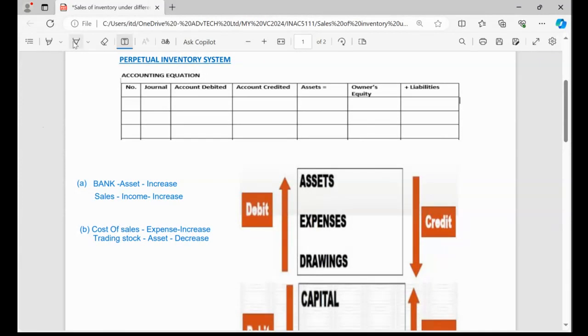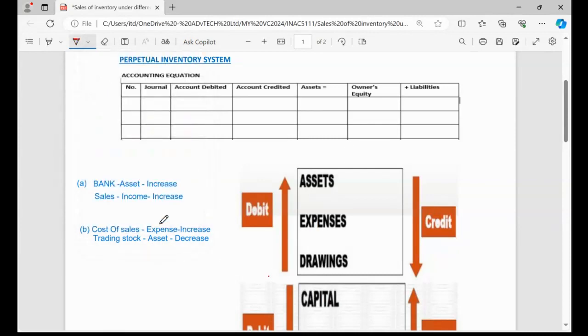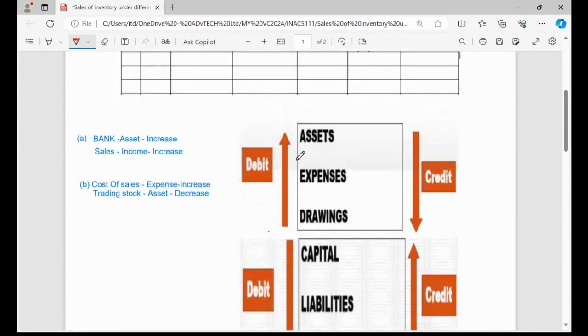Immediately after doing that, we need to come here and check the rules because the rules are very important. Can you see I gave you the rules here? Because we said bank is an asset and the asset is increasing, I use this technique where I box these groups of accounts. Bank is an asset, so I found the asset in this box.